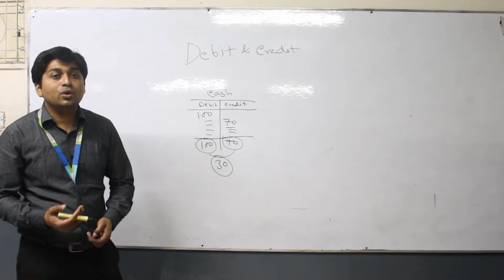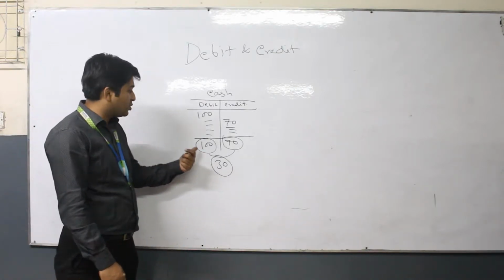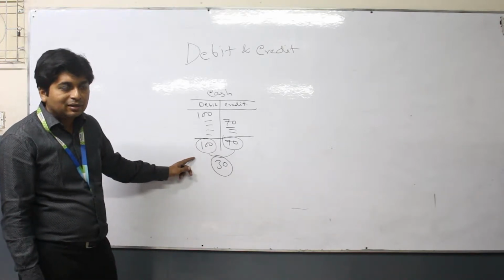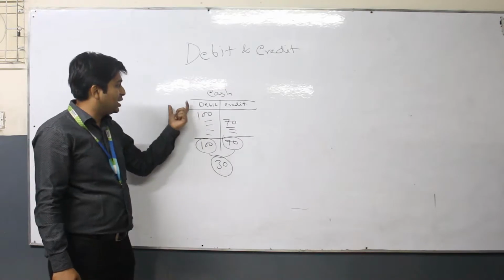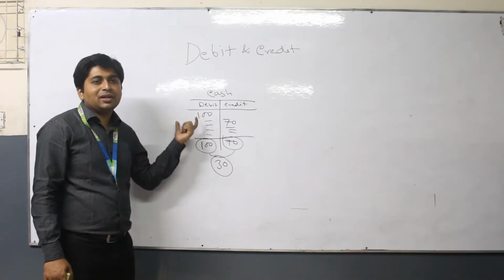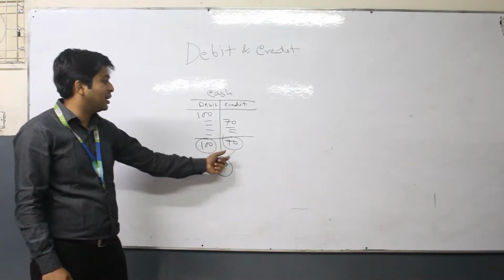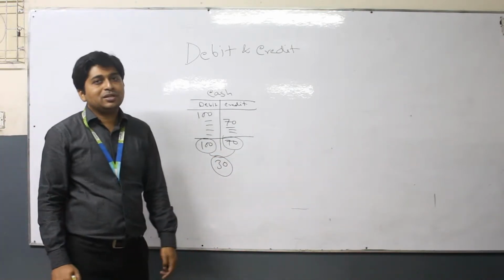But the question is, what kind of balance? Of course it is a debit balance, because the total of the debit side is higher than the total of the credit side. The debit signal amount is higher than the credit signal amount, so the remaining balance should be a debit balance.